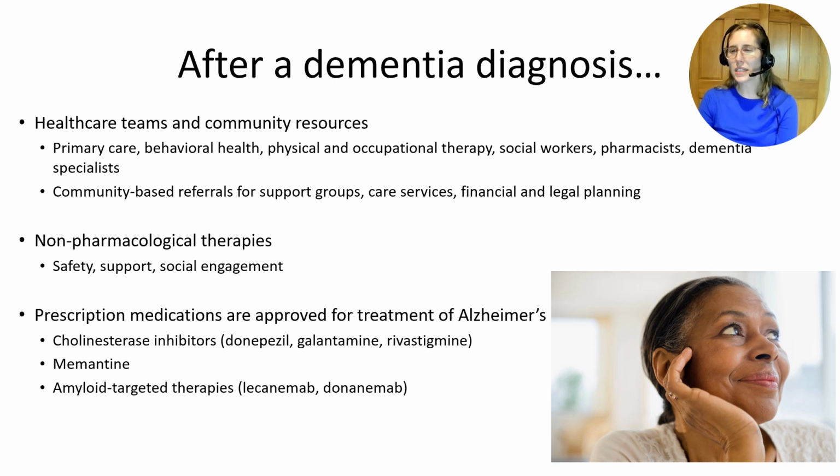These are really pretty specialized therapies that only patients that meet very specific criteria can qualify for. So these are only being prescribed basically in centers by neurologists. So the first two medication classes can be prescribed really by anyone in primary care, any clinician. But if patients are interested in looking into some of the newer therapies, they really do need to be referred to a neurologist in a center that prescribes these medications.